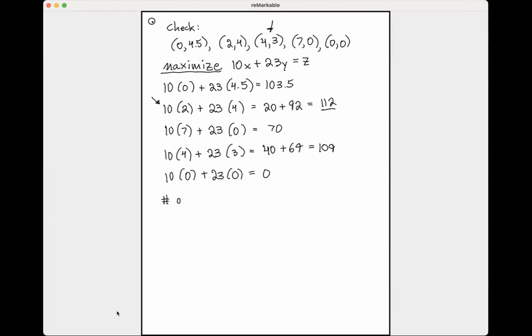So the number of shawls ought to be 2, and the number of Afghans ought to be 4. Okay, and then the question asks, what is going to be the maximum profit? That's the output here, 112.